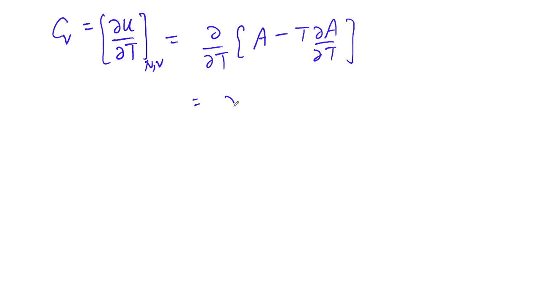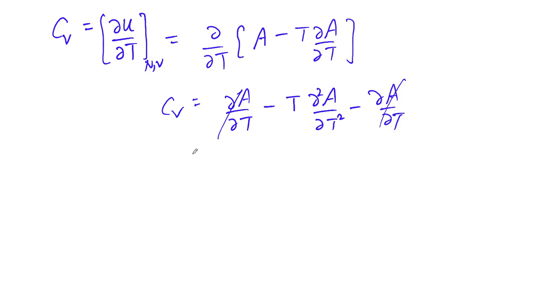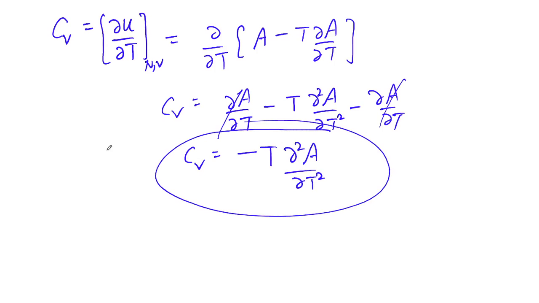So this equation becomes ∂A/∂T minus T ∂²A/∂T² minus ∂A/∂T. So Cv we can also write as minus T ∂²A/∂T². And so you can derive various thermodynamic parameters.